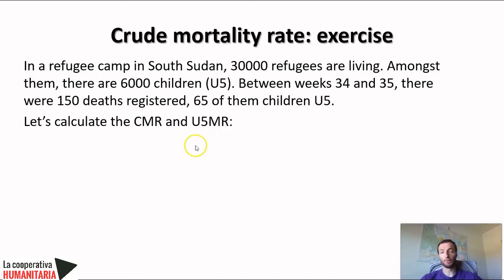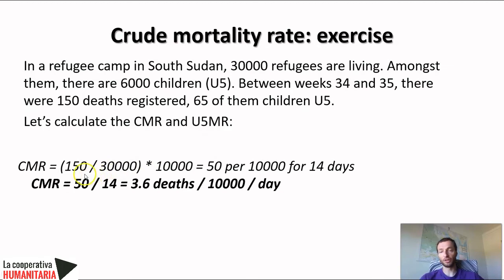Good. If you calculate properly, the crude mortality rate for the total would be 150 deaths divided by the total population, 30,000, multiplied by 10,000. That gives you 50 deaths per 10,000 per 14 days. But we said that we express it by day, so we divide this 50 by 14. That gives 3.6 deaths per 10,000 per day.